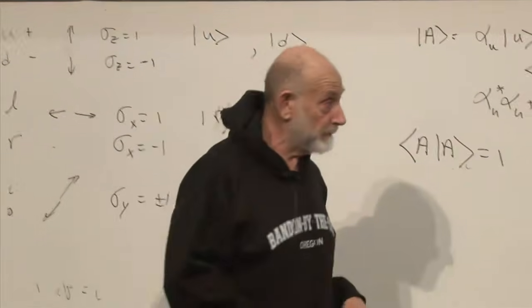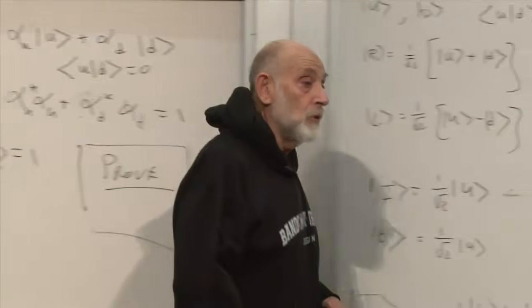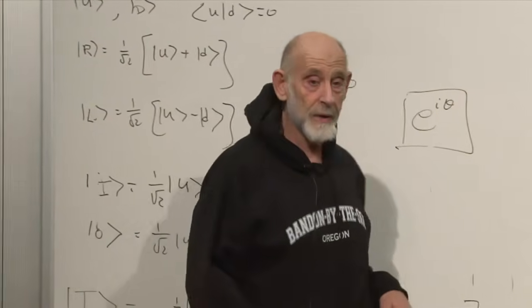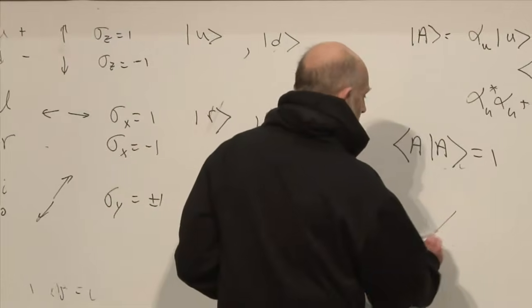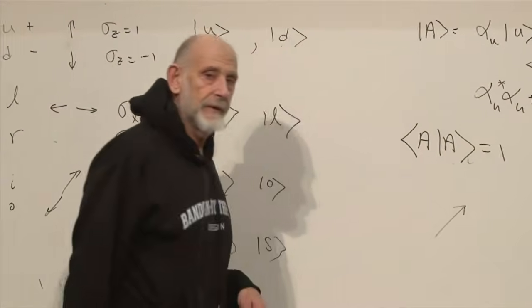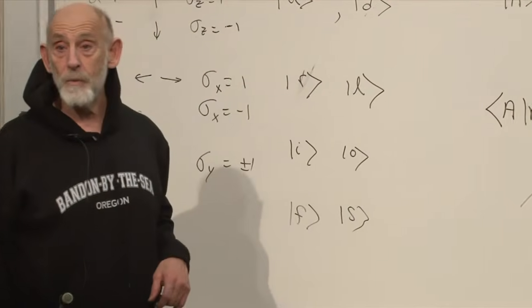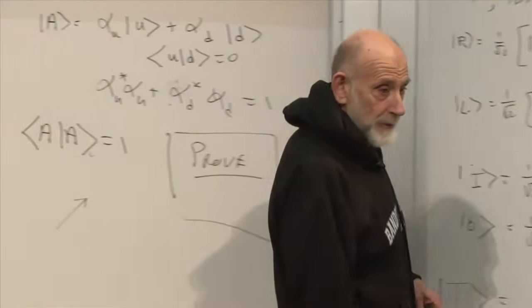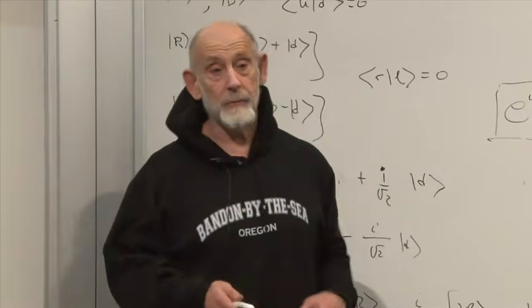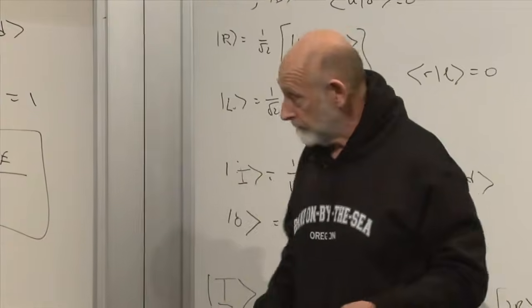How many does that leave over? Two real numbers. How many numbers does it take to characterize the direction of a unit vector? Two. What are they called? Longitude and latitude or something like that. The direction of a vector can be characterized by two angles.